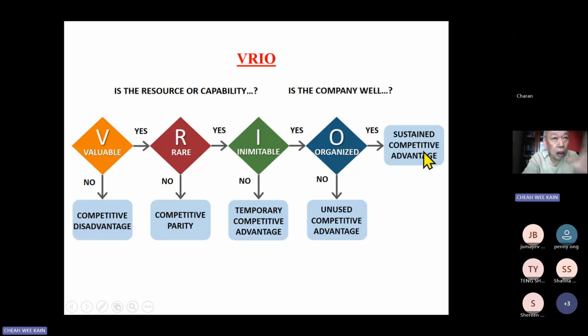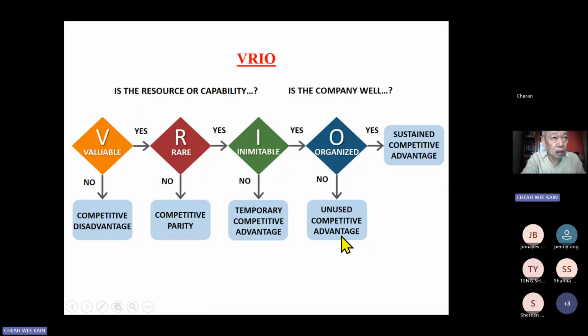Now you compare with Tesla. Okay, Tesla. The battery is not so good. They're buying batteries from China. So what do they have? They are valuable. They know how to make electric cars. Okay, as far as battery is concerned, they've got a problem. They are buying batteries from somewhere else. Therefore, they maybe have an unused competitive advantage.